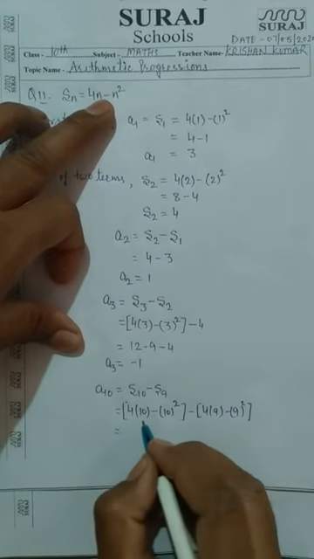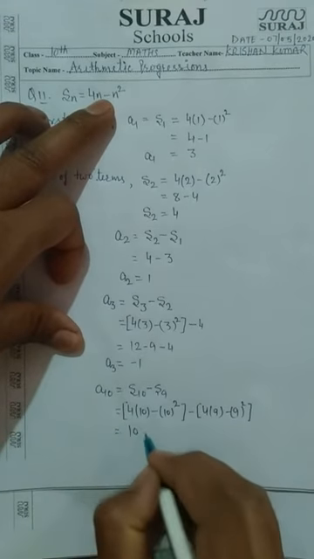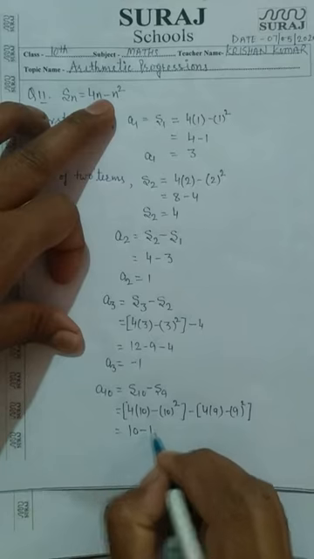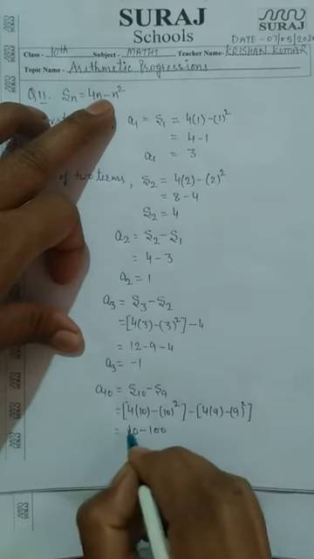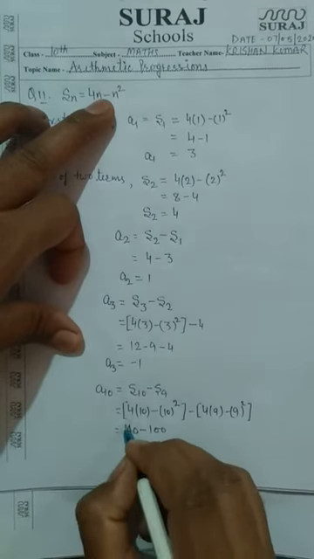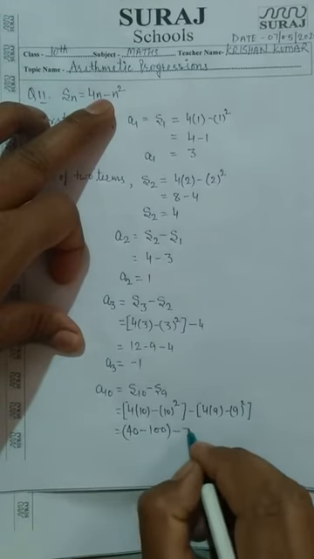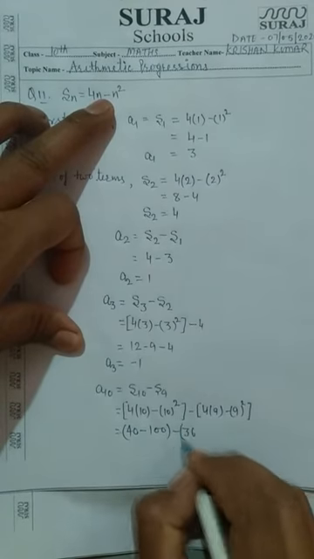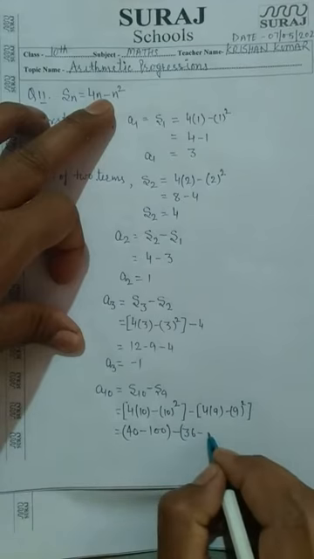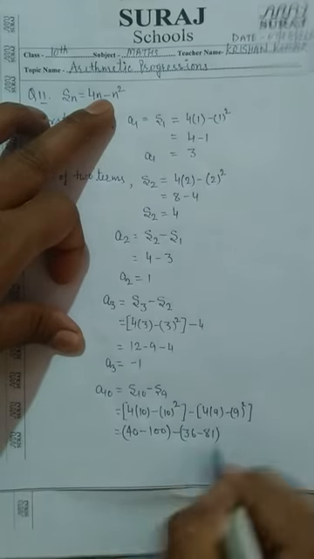Solve it. 4 times 10 is 40, minus 10 square, 100, minus 4 nines are 36, minus 9 square, 81.